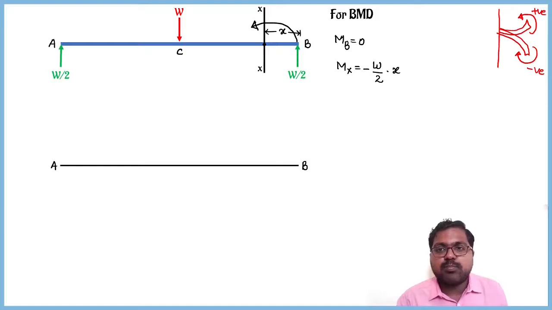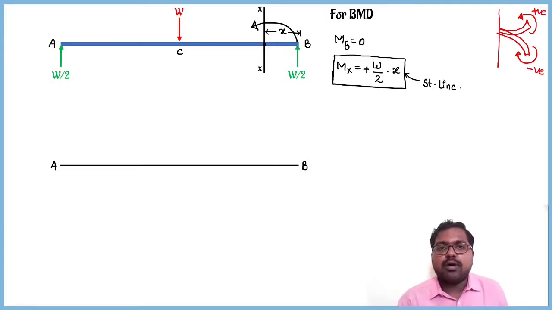So this is positive according to sign convention. This is the general equation for bending moment at any section between B and C. It is in the form of x, which is following a linear path, so the bending moment path is a straight line.